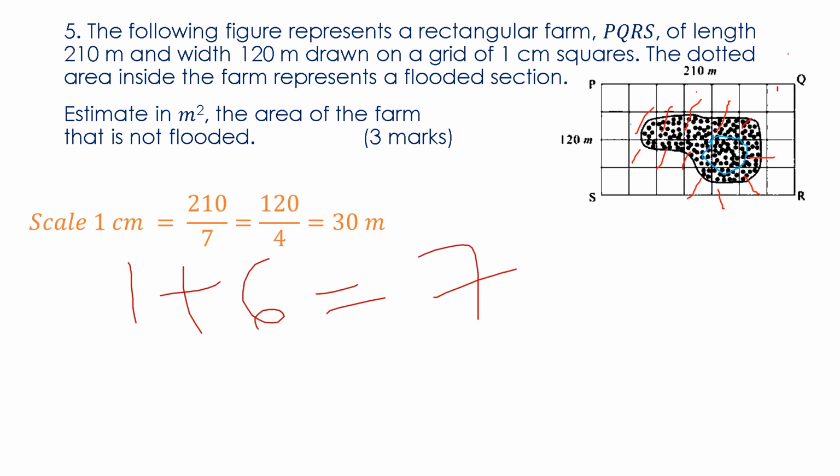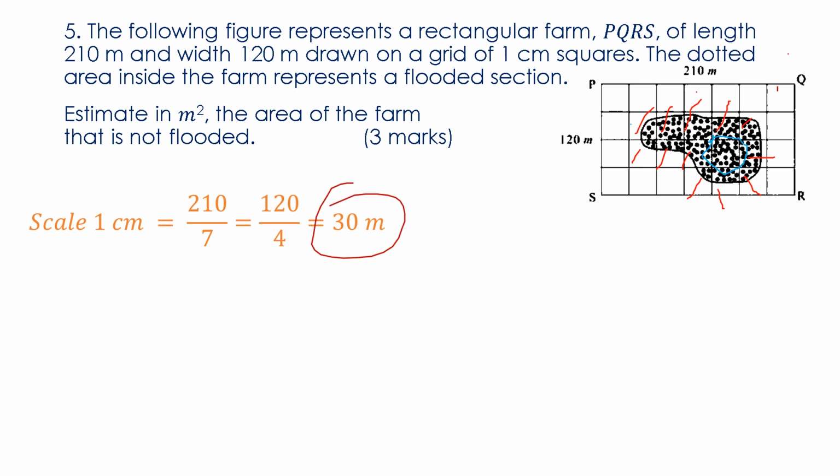And remember that each square has an area of 900 square meters, as we have seen from this scale. So now we get the area occupied by that flooded section.